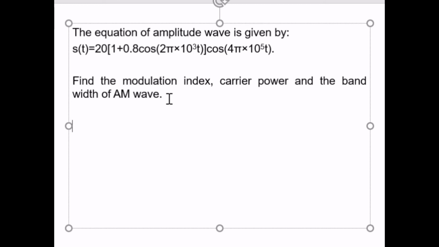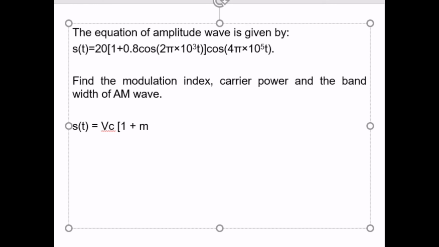So the general equation is like this: s(t) is equal to Vc times (1 plus m cos 2π fm t) times cos 2π fc t.